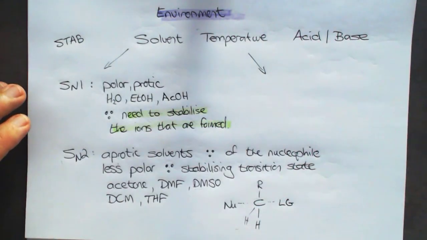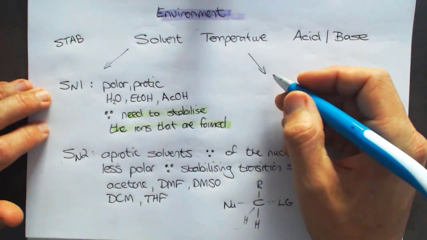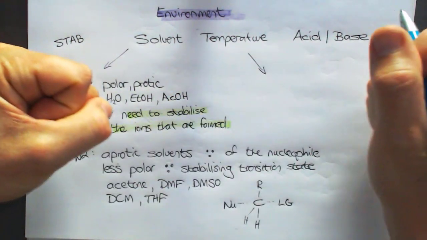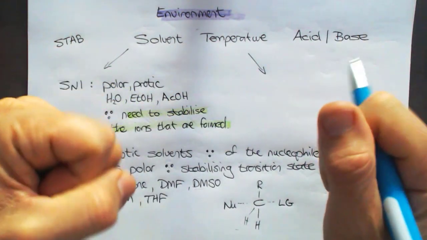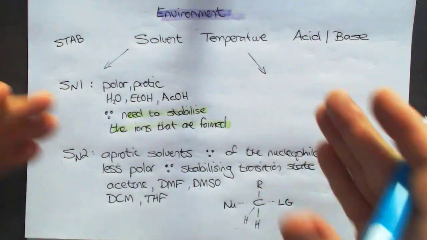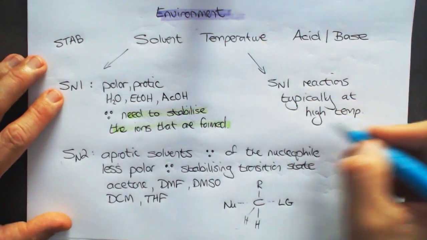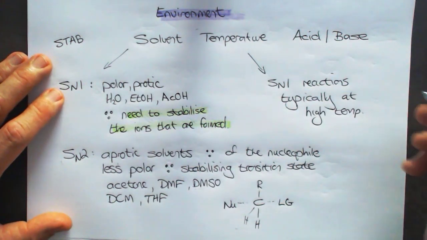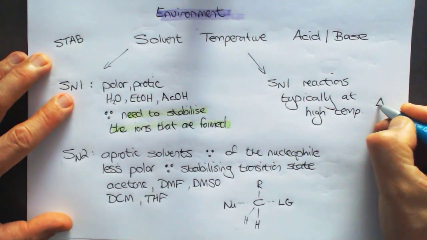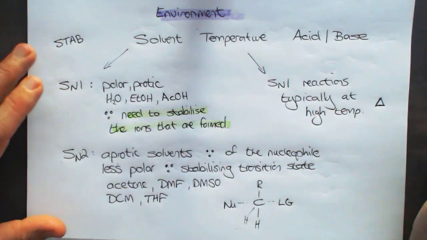But SN1 reactions typically have to generate a carbocation, and in generating that, we've got to break a bond. Breaking that bond is difficult, so we often have to put heat, energy, in order to do that. So how do we know that we're doing something at a high temperature? A typical example is to look for the delta symbol over here, which means reflux.